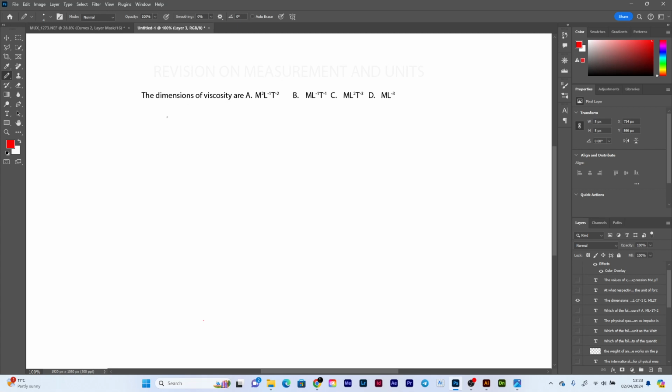For viscosity, I'll just write down the formula directly. This is force times distance divided by area times velocity, and this is going to be mass times acceleration, times distance, divided by area multiplied by velocity.